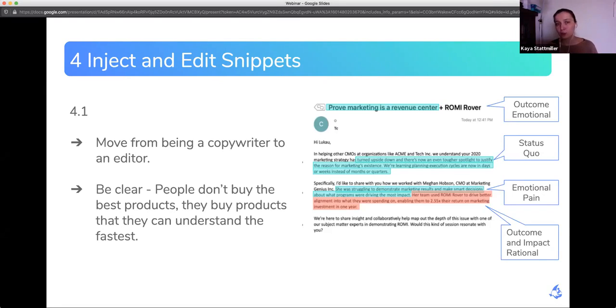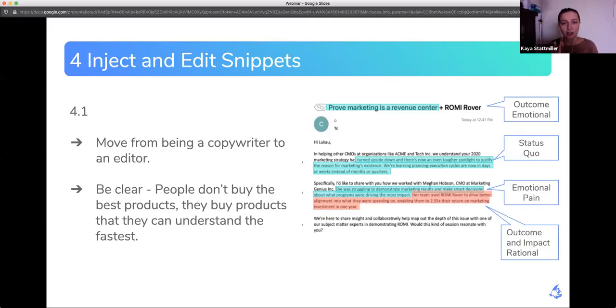Now we are starting to write, and here is a bigger time saver, because you are moving from being a copywriter to an editor. Even if you think that what I presented in step number 2 seems like a lot of work, believe me, once you get a system in place, it's not.